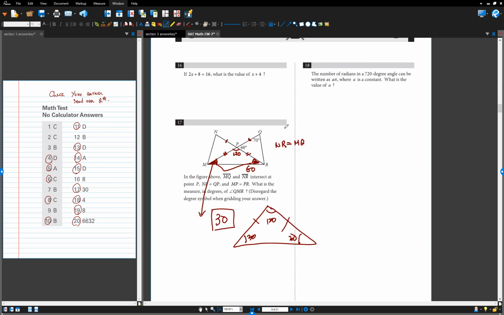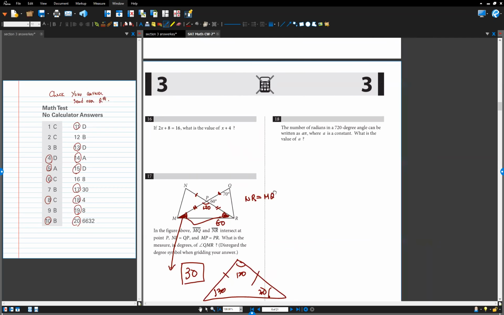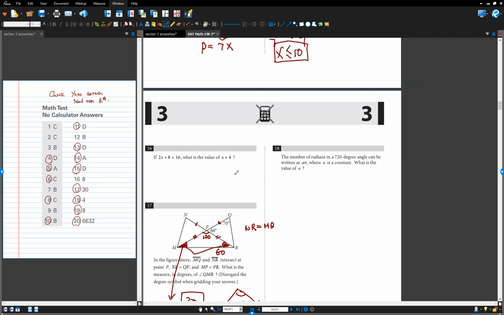All right, number 18. You know this from geometry, algebra 1, algebra 2: how to change the unit. To measure an angle, we use two different units, one is the radian, the other is the degree. You know that pi radians is 180 degrees. That is the ratio of the two measures.